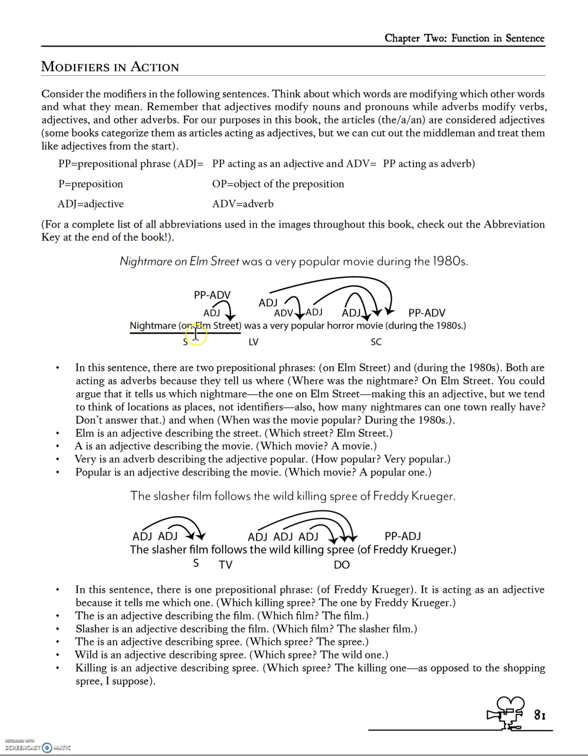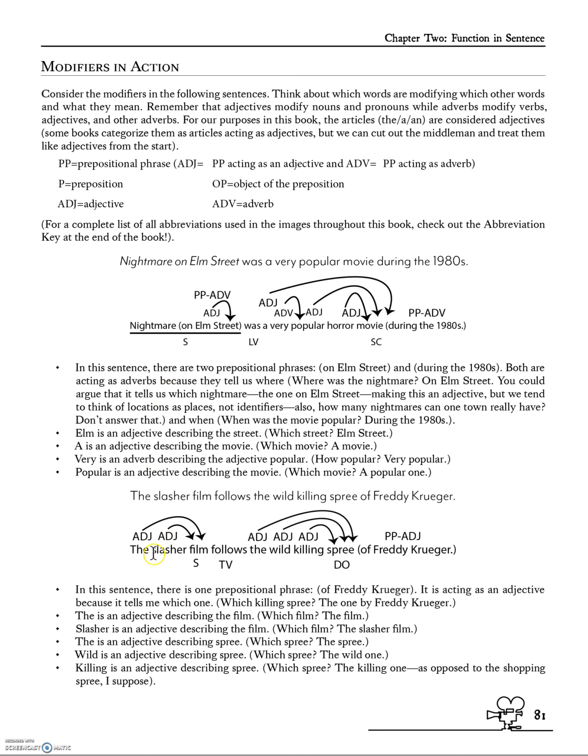So you can see that each one of these sentences has kind of been broken down into subject, linking verb, subject complement, if that's what you have. So along the bottom is going to be your sentence pattern. Modifiers, you'll notice, are marked at the top. Why? Because they're modifiers. They're not performing a grammatical function. They're giving extra information.